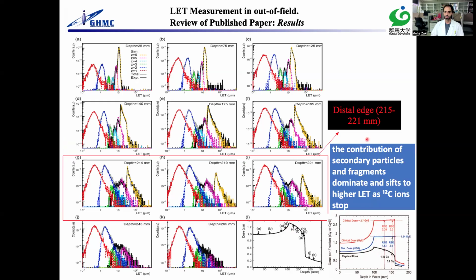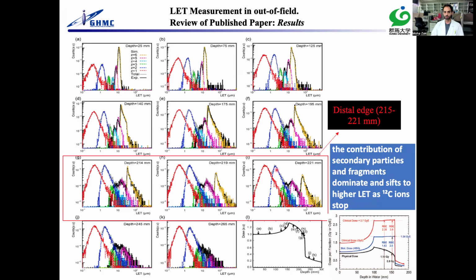At the distal edge, from 2015 to 2021 millimeters, the contribution of secondary particles and fragments dominates and shifts to a higher LET than the carbon ions. Why? Because of range straggling and carbon ions stop.